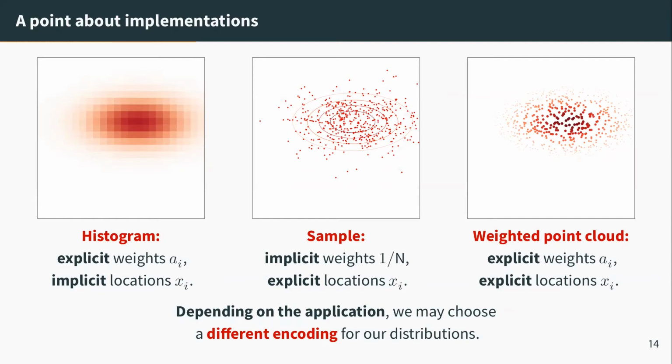And usually, depending on the representation that you choose, you make explicit some of the parameters of your distribution, and you keep others implicit. So for instance, if you work with histograms, usually your weights are explicit. These are the objects that you store in memory as arrays, but the locations are implicit. Yes, we know that this pixel is close to this one, but we never actually store the coordinates of all the points.